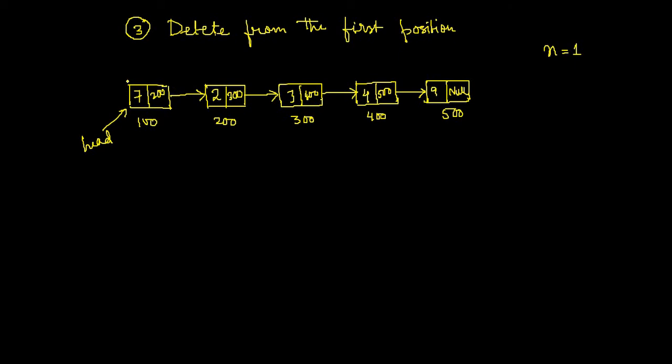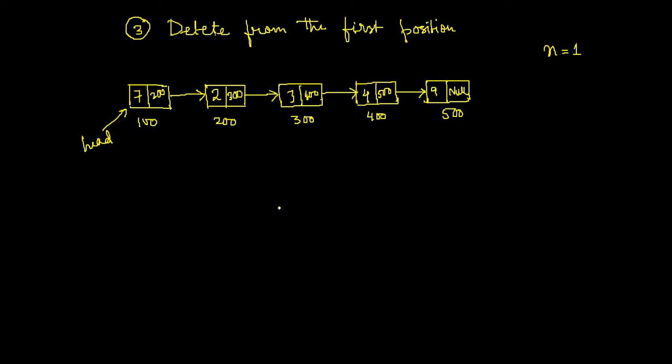Now if I delete the first node, obviously what is second will be the first one in the rest of the linked list. How can we express this? It will become the first one. You can just change your head from this node to this node.